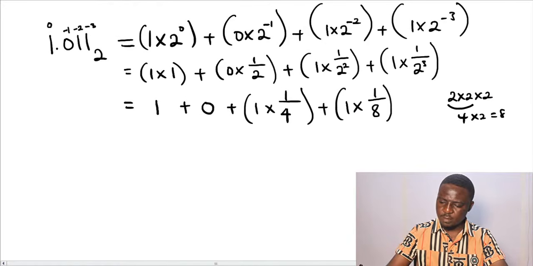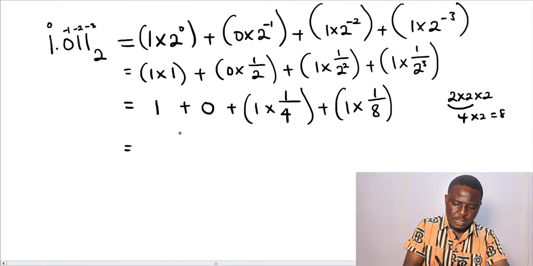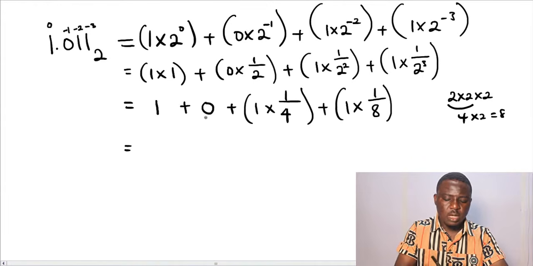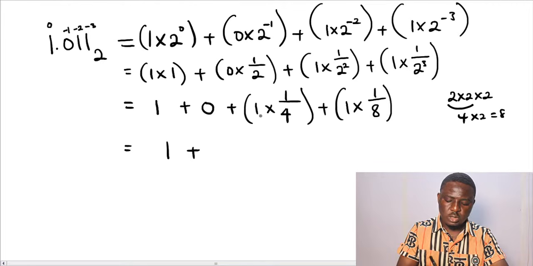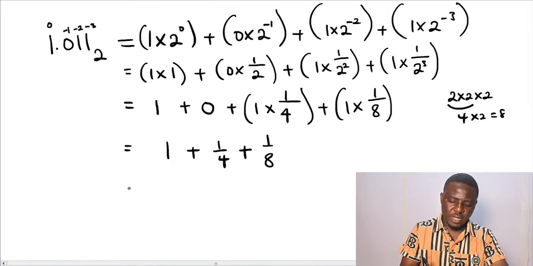So we'll simplify further by summing. 1 plus 0 is said to be 1, plus 1 times 1 over 4 is said to be 1 over 4, plus 1 times 1 over 8 is said to be 1 over 8.